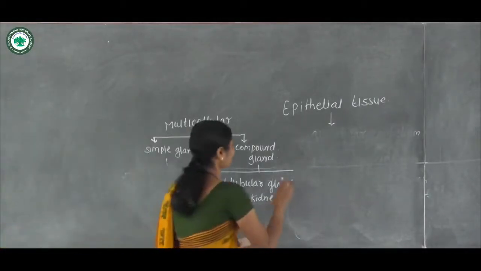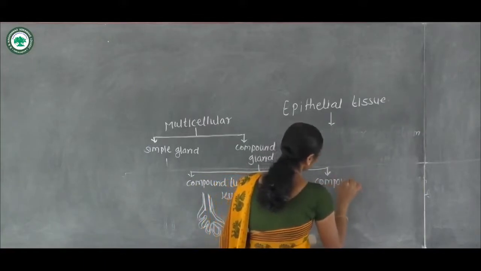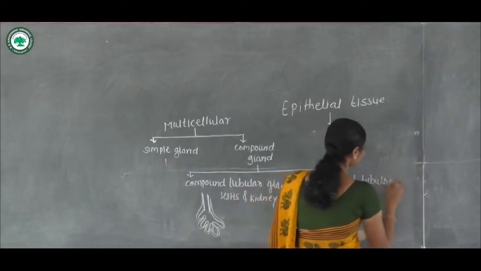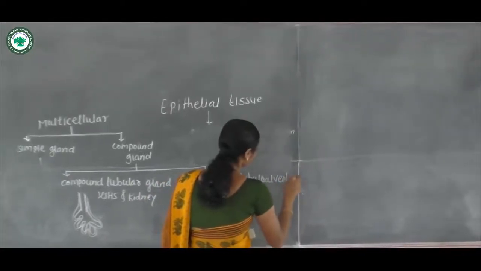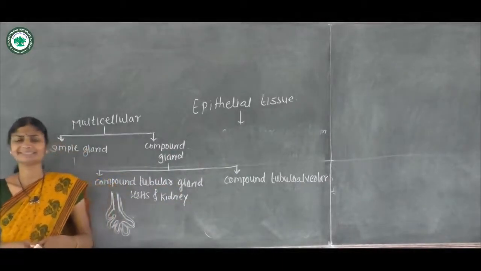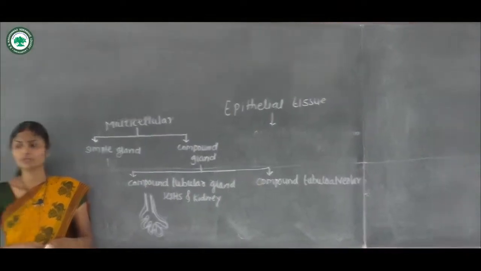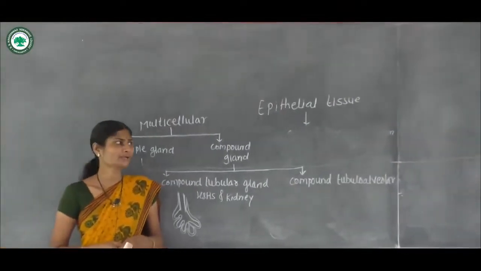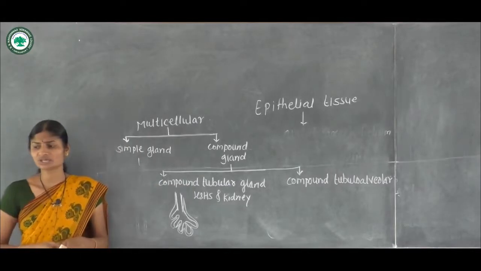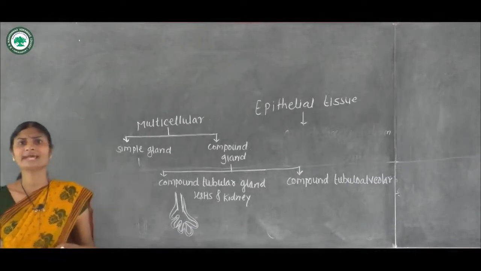Next type is compound alveolar gland. When a gland has a large number of ducts which end in alveoli, with dilated sac-like structures, it is called a compound tubulo-alveolar gland.